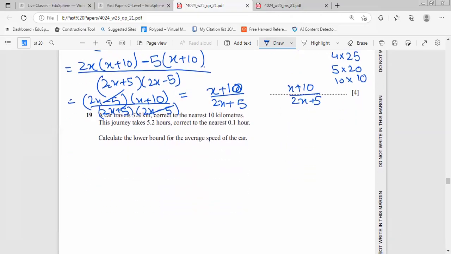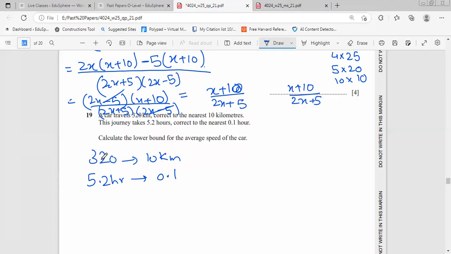Moving on to the next question, it says that the car travels 320 kilometers corrected to the nearest 10 kilometers. And the journey takes 5.2 hours corrected to the nearest 0.1 hour. We have to find the lower bound and the upper bound.